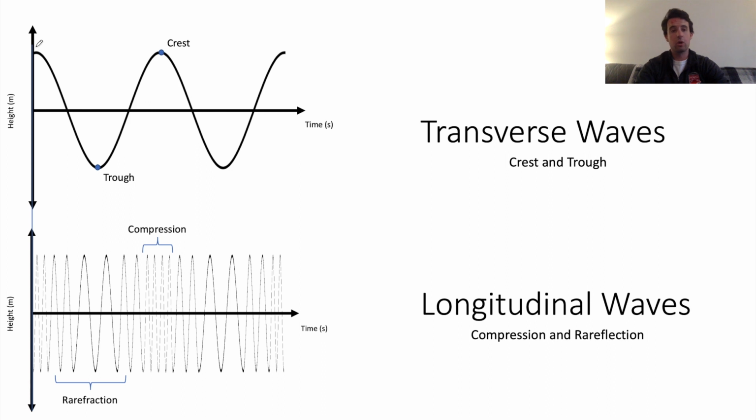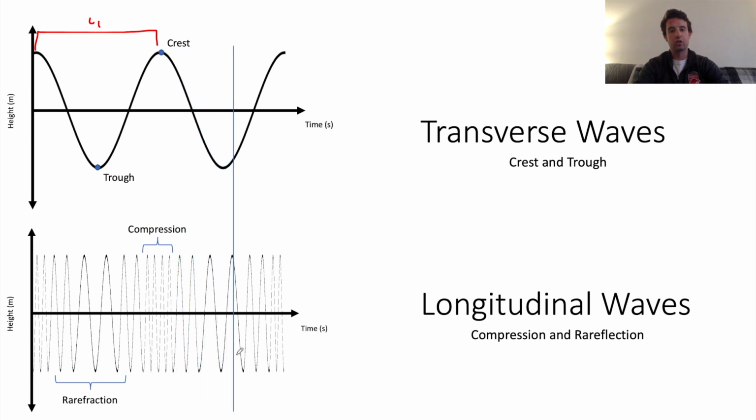So, let's look at this again, but now I'm going to label the longitudinal waves. I'm going to label one compression and one rarefaction, one part where it's expanding a little bit. And again, watch that blue line as it moves over the two waves. Notice how as it nears the trough, it's expanded, and as it nears that crest, it's compressed.